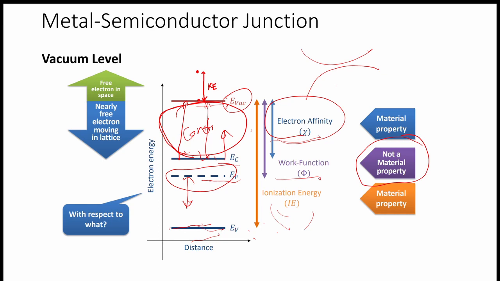So the electron is free to move inside the semiconductor, but above this vacuum level, the electron is free in space. We are just knocking out an electron from the piece of the semiconductor. If you have any doubt, you can ask me in between. Just stop me if you don't understand the things.